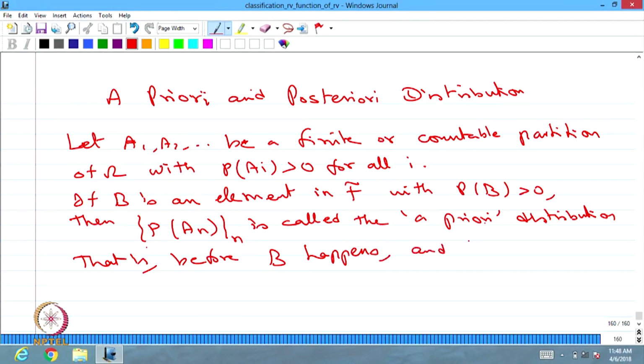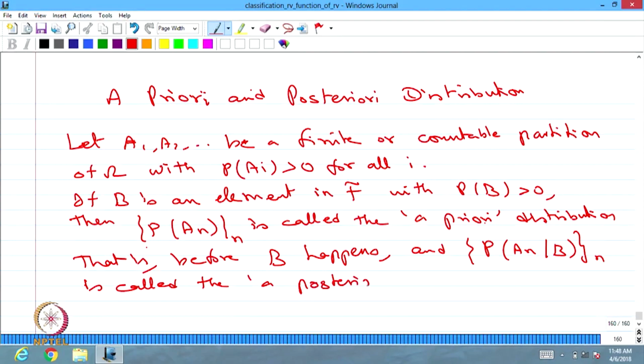And the collection of P of An given B for all n is called the posterior distribution, because this distribution is known after B happens, whereas P of An is before B happens, therefore it is called a prior distribution.